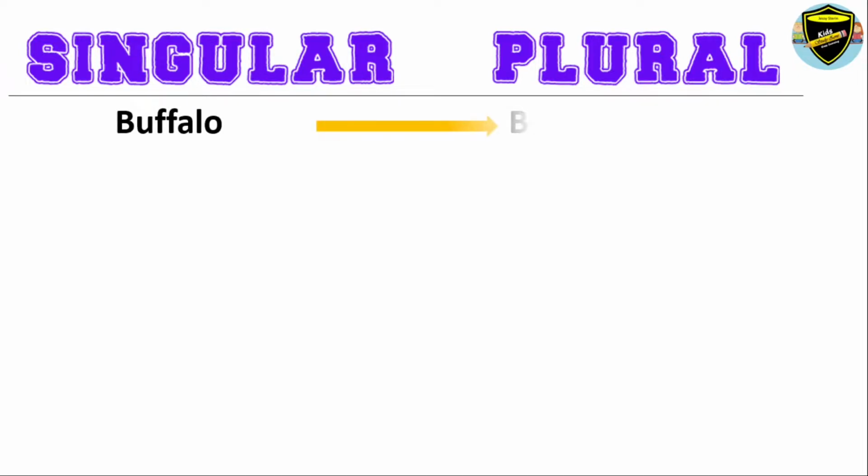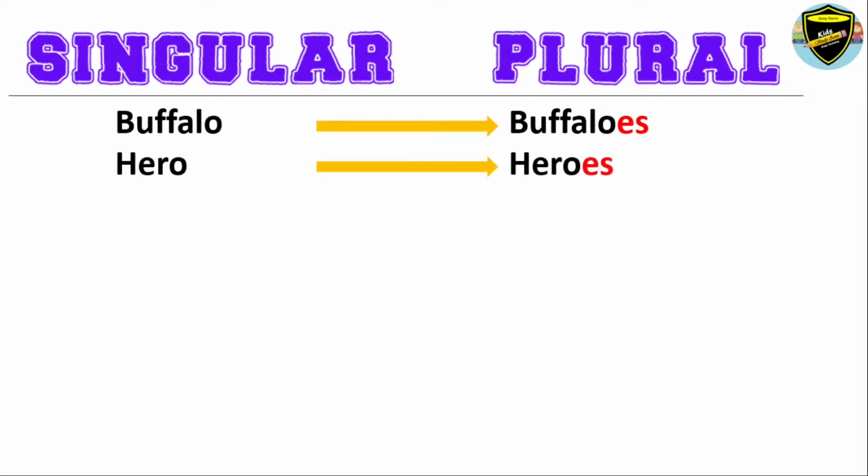Buffalo. Here, the word buffalo ends with o. So, we will add es to it and it will become buffaloes. The same way, hero. It will become heroes. Mango. Mangoes.